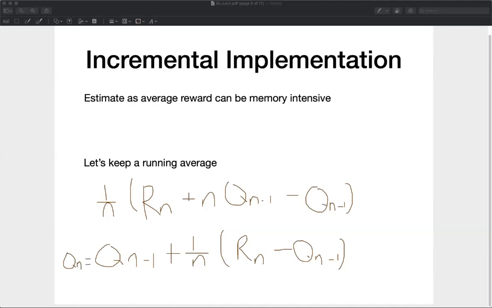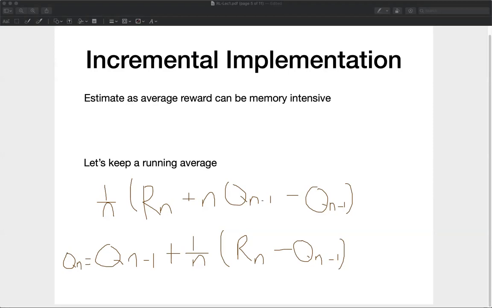Okay, is it clear what the algebra I just went through is to everyone? We're saying that the current estimate is going to be your previous estimate plus some fractional bit of the current return minus your previous estimate.